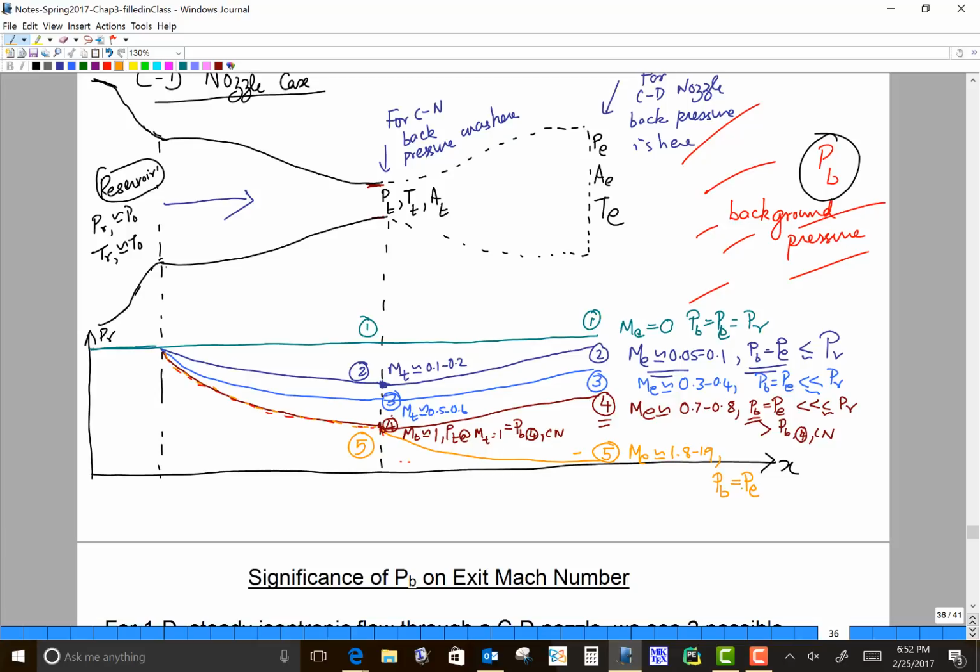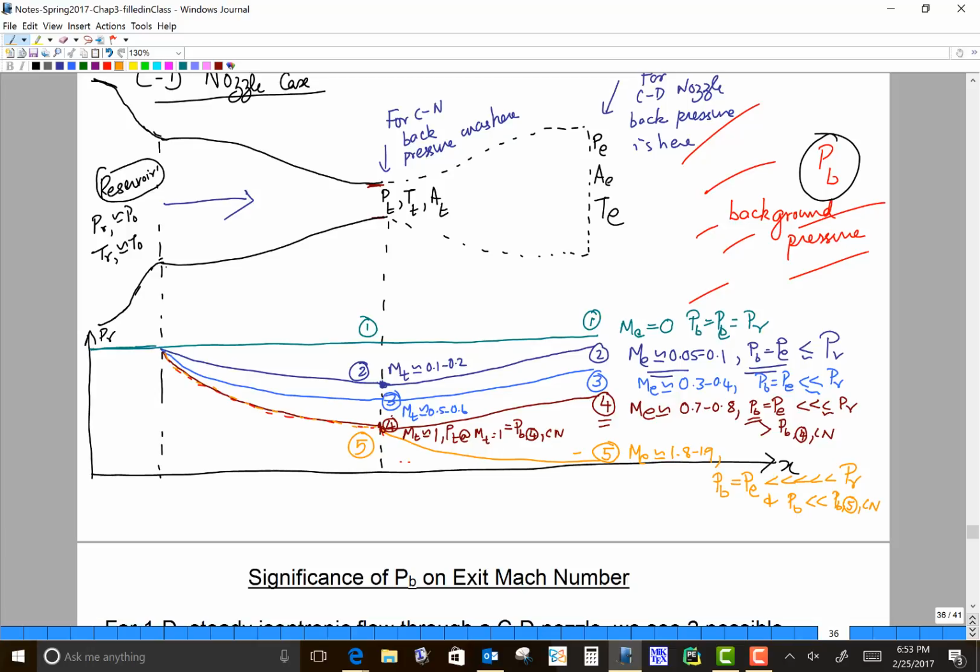This PB will be equal to PE, and it will be very, very small compared to PR, typically 1/5, 1/6 of PR. This PB will be much smaller compared to PB5 for the converging nozzle case.